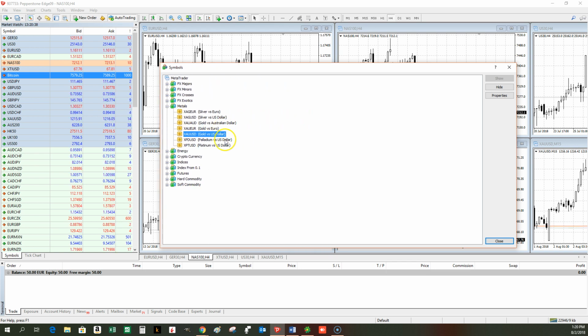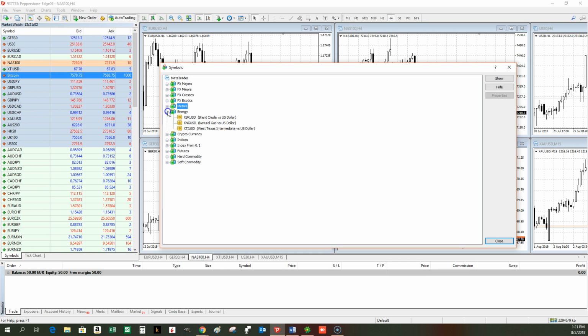You've got all the FX currency pairs, and the metals: gold, platinum, palladium, silver.